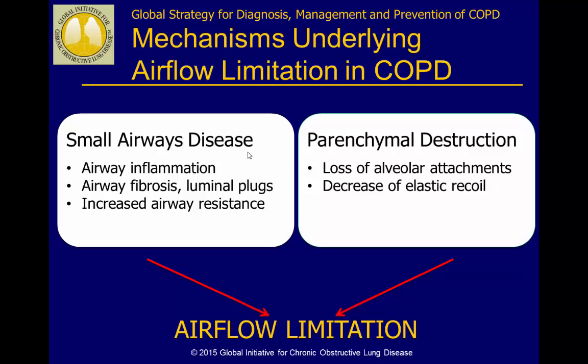The process is thought to be mediated by an increase in protease activity and a decrease in anti-protease activity. So in other words, basically there's an effect of alpha 1 antitrypsin deficiency.